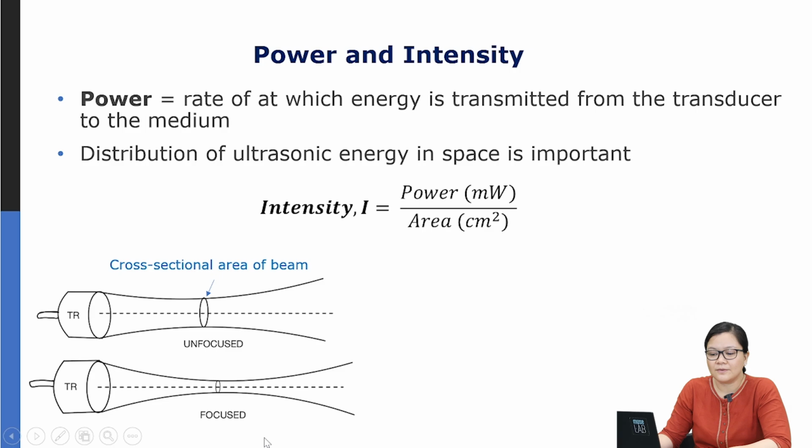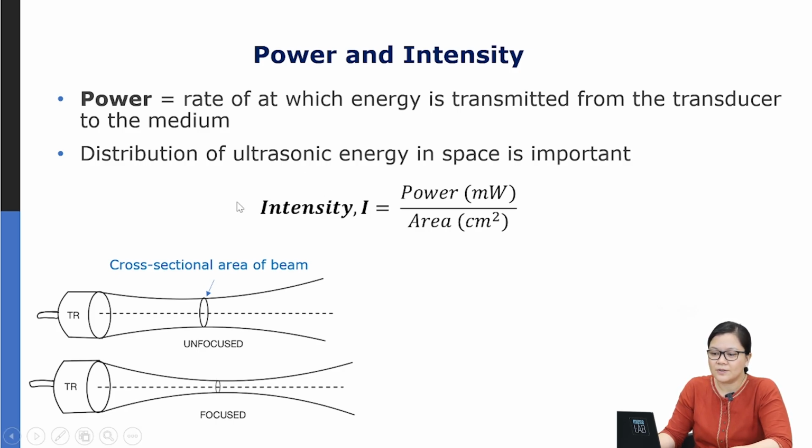When we use focused transducers, we can imagine the energy of the ultrasound beam would be highly focused at a particular region. So these focused transducers would have a smaller beam size here, so smaller beam cross-sectional areas.